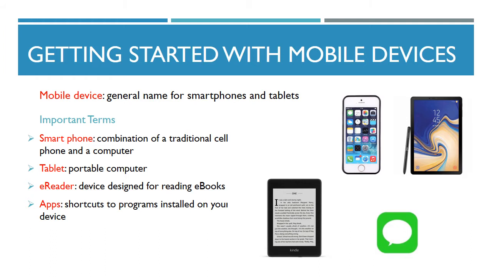E-reader, which are tablets specifically designed for reading ebooks, and they don't really have any other function, such as an Amazon Kindle. And app, which is short for application, and these are shortcuts to programs that run on your device. For example, installing the Gmail app on your device will take you straight to your inbox instead of having to sign on through the internet. Some apps these days are specifically made for mobile devices.